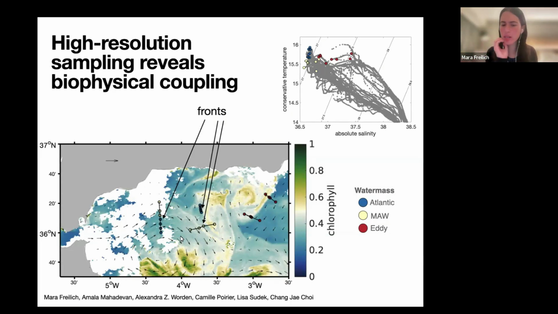And then there is a water mass called modified Atlantic water that mixes the resident Mediterranean seawater and the Atlantic water that's recently come into the domain. And you can see that they're separated in temperature salinity space.